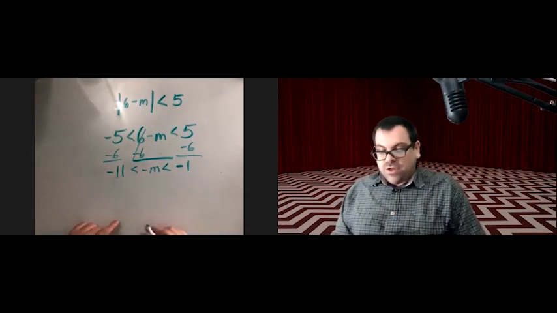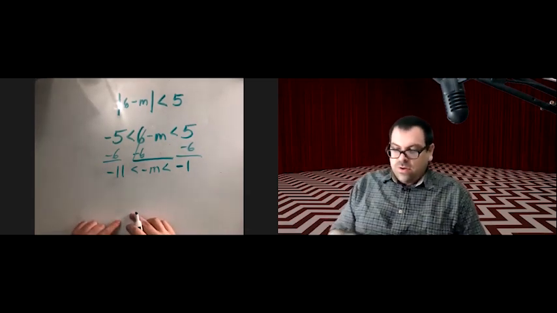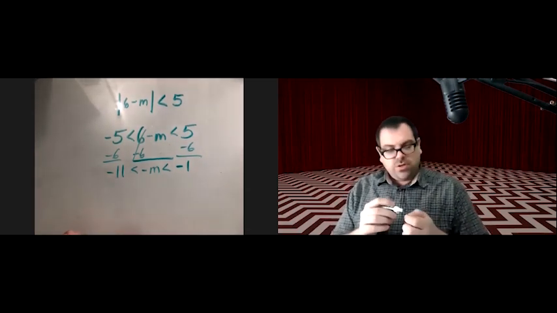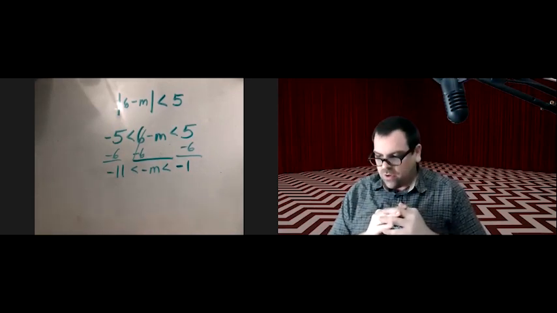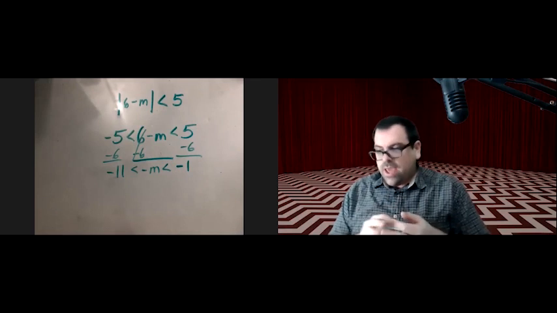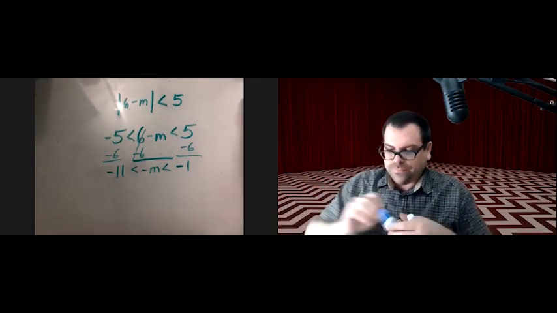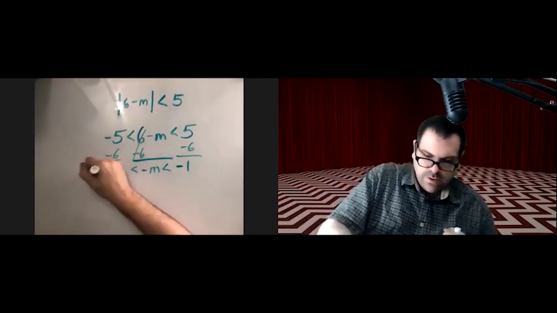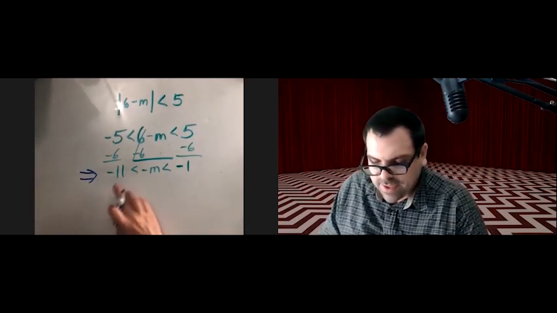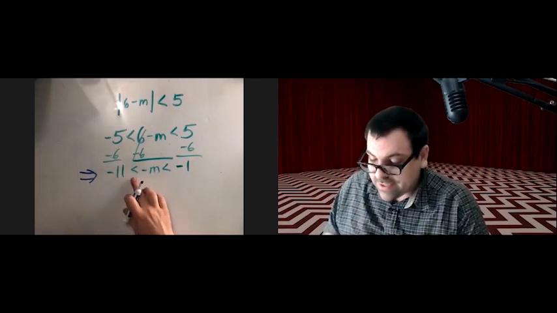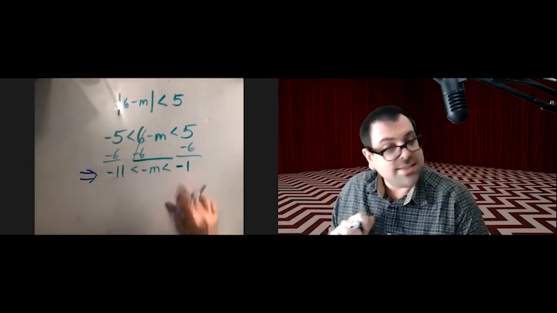So we can't just go and change all the negatives to positives and just leave everything else alone. Here, this is still a line that makes sense. Negative 11 is less than something, which is less than negative 1.